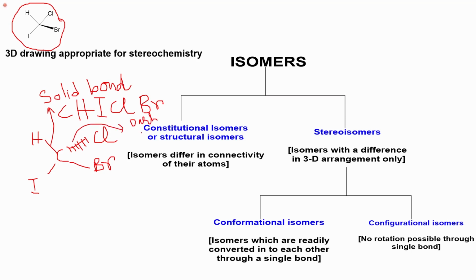Another atom, bromine, will be above the plane. If hydrogen and iodine are in the plane, then bromine will be above and chlorine will be below, right?